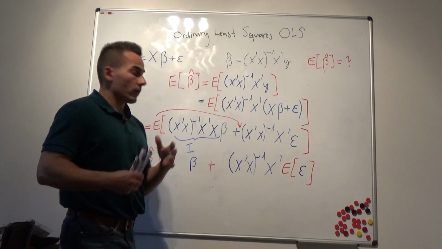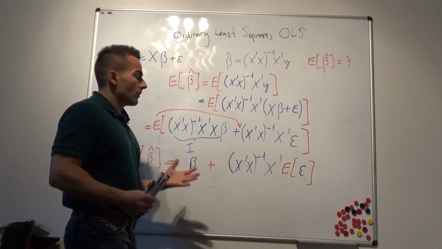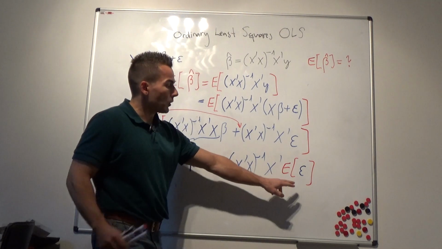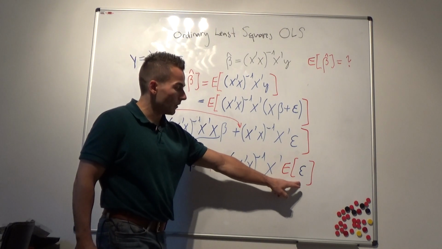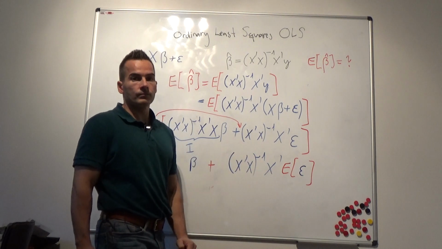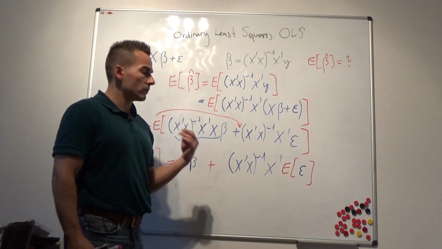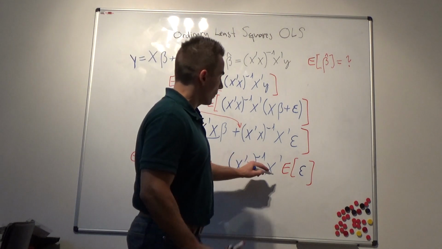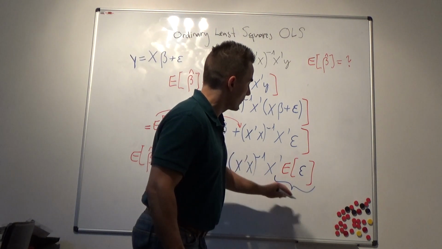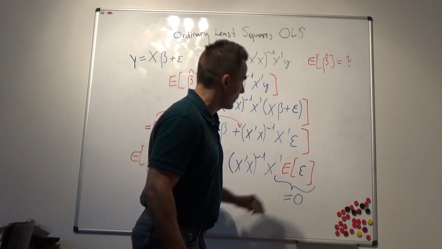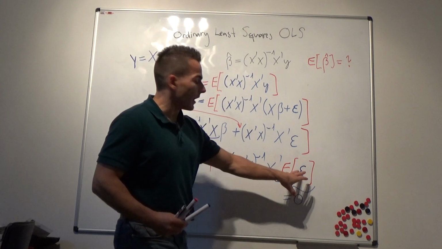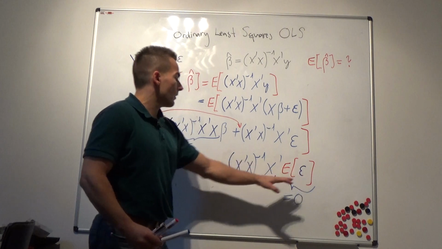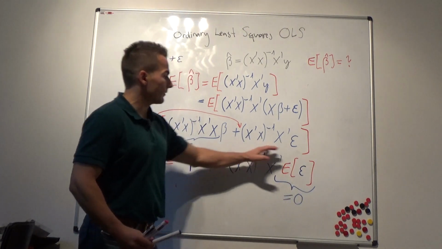And we know, according to our assumptions, the expectation of our residual vector, of our errors, is 0. So this guy here is equal to 0, and because this is equal to 0, everything here becomes equal to 0.